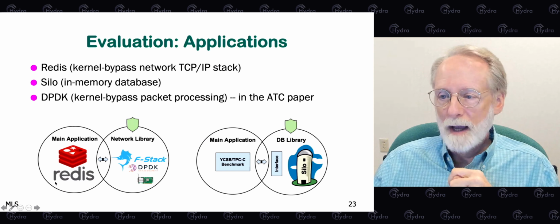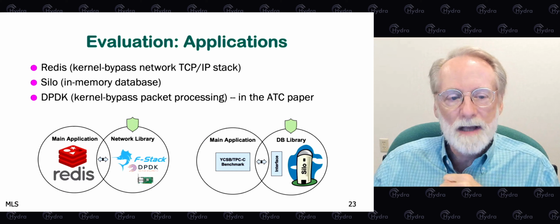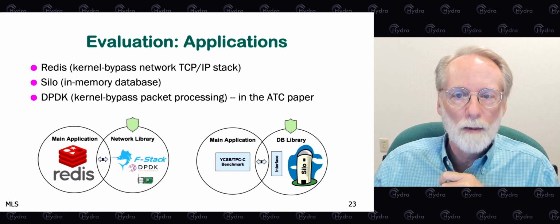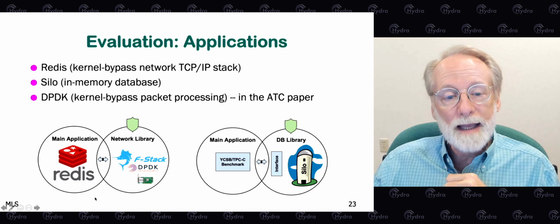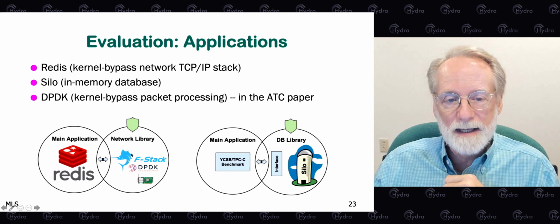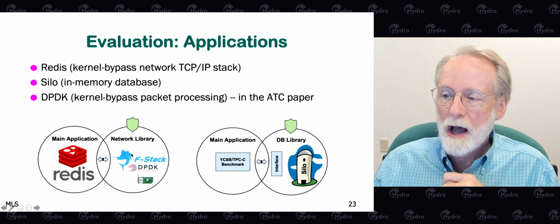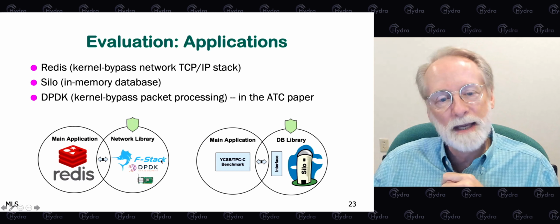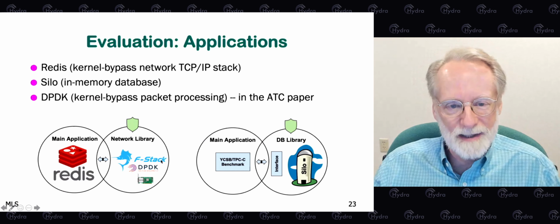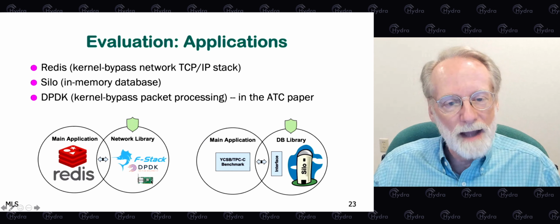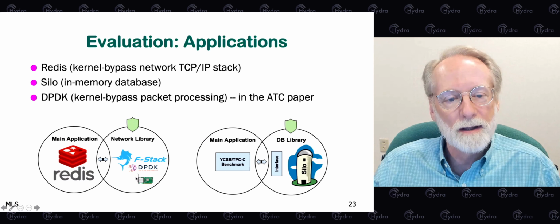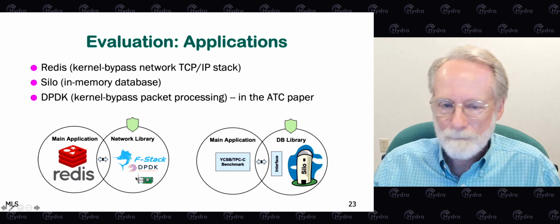We modified Redis to use kernel-bypass I/O instead of the normal kernel interface for TCP/IP, and then we linked Redis with the fstack TCP implementation on top of Intel's DPDK packet processing library, and then ran it on an InfiniBand network with a network interface card from Mellanox that can do I/O virtualization.